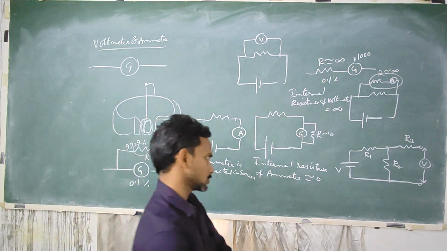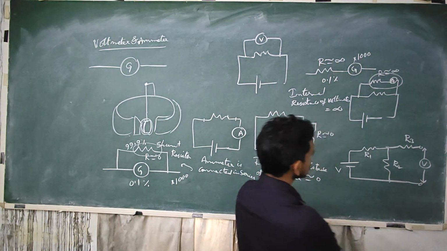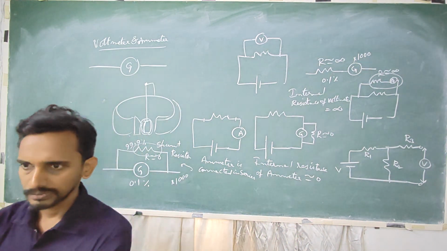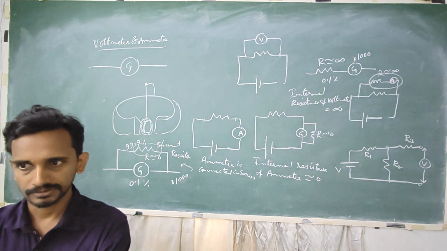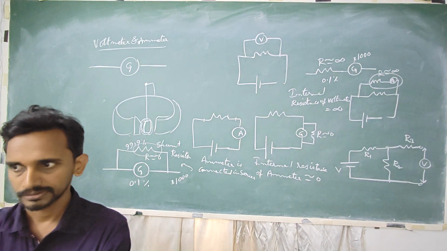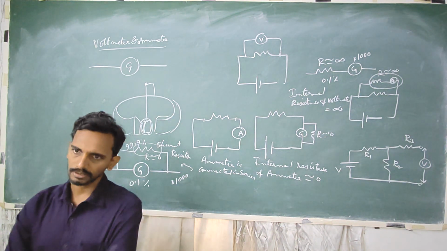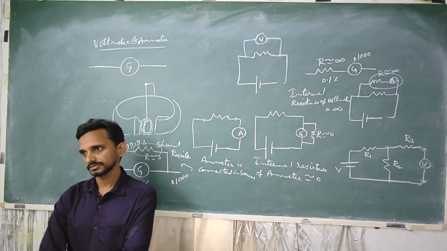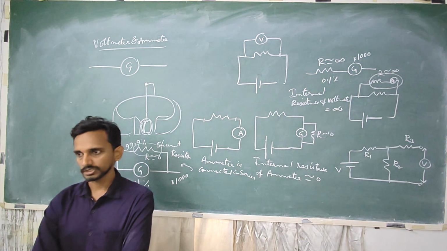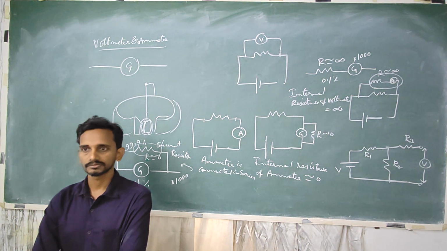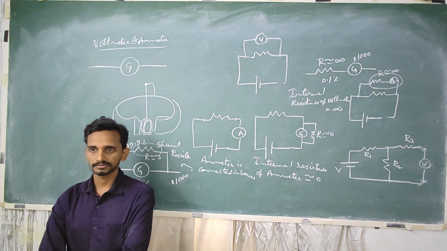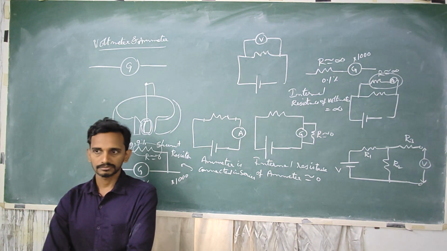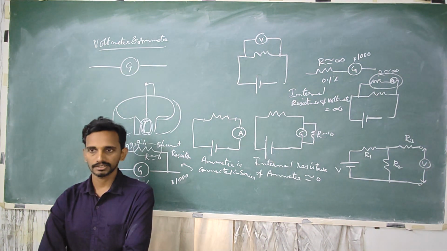What voltage will it measure? I'm connecting it in series. Actually, it should be connected in parallel, but I'm connecting it in series. What voltage will it measure? The voltage drop across... How and why?